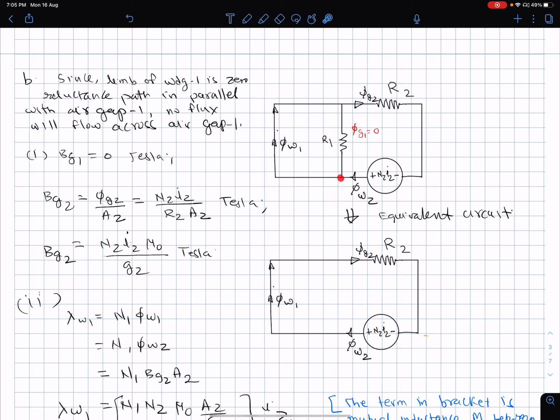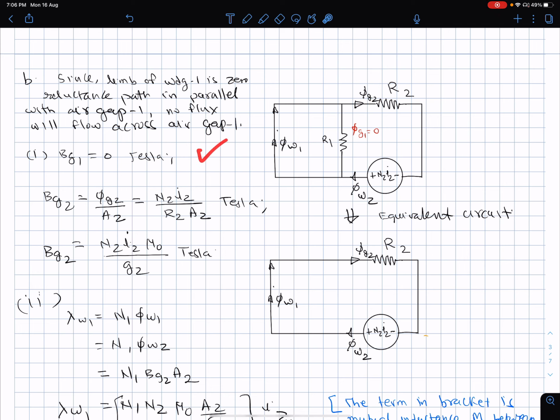Similarly here, the MMF applied is 0, divided by the finite value of R1, so phi G1 is 0. So whatever is this phi W2 just passes through effortlessly, then comes here, encounters R2, becomes equal to phi G2 R2, and then you close this circuit.